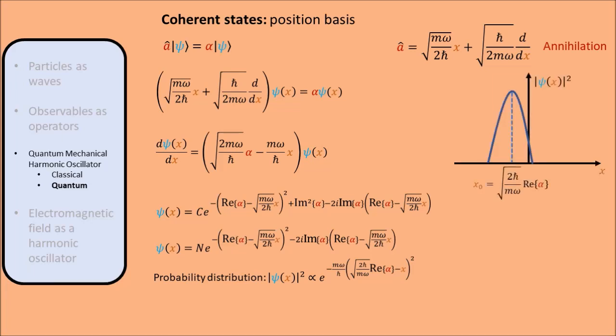And similarly, one can demonstrate the probability distribution of the momentum p is given by a Gaussian that is shifted by the imaginary part of alpha. So we have found that the coherent state, which is the most classical-like quantum state, is an eigenstate of the annihilation operator, which is a Gaussian wave packet in both the position and momentum representation.